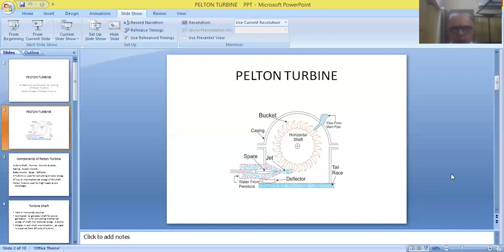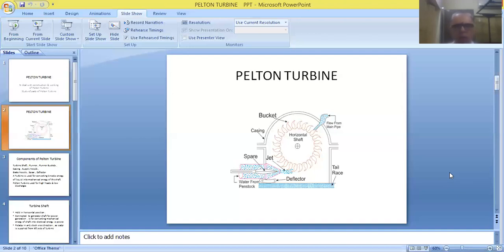The pressure of the liquid will be equivalent to atmospheric pressure, that will be constant, so it can also be called a constant pressure turbine. And above all, the shaft of the turbine has to be arranged in horizontal position. So that's why it is also called a horizontal shaft turbine.